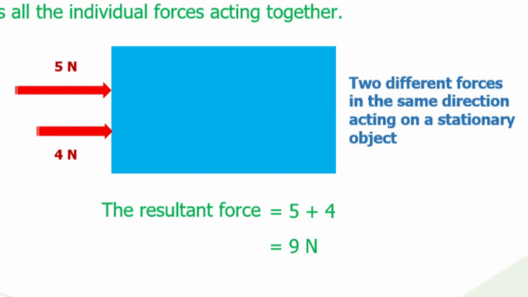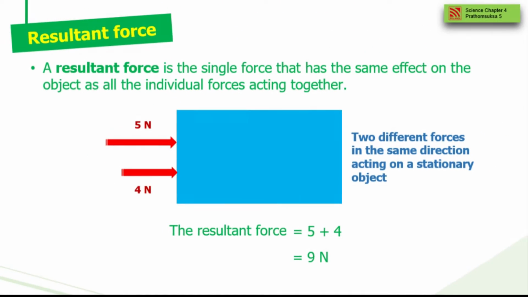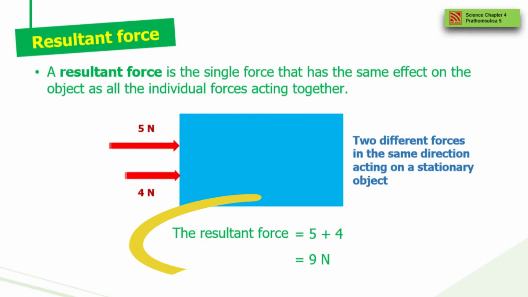If the two forces acting on an object are in the same direction, the object will move in the same direction as the forces. The resultant force is the sum of the two forces.